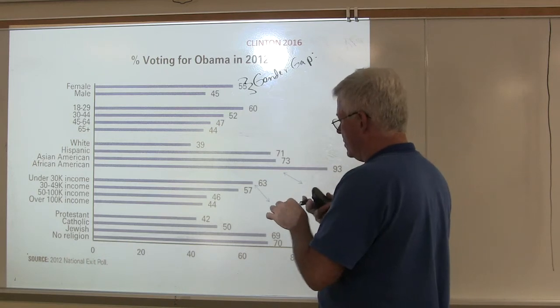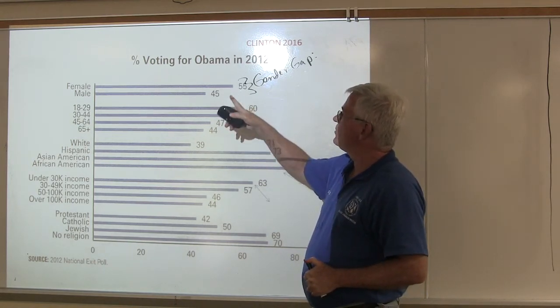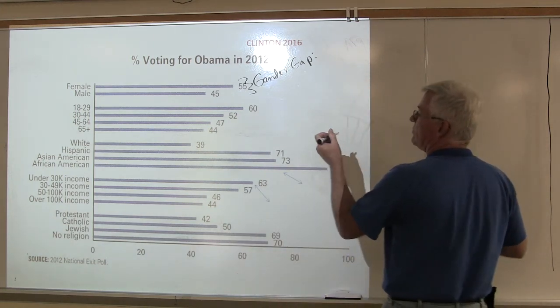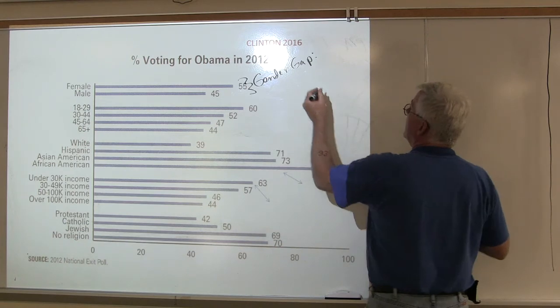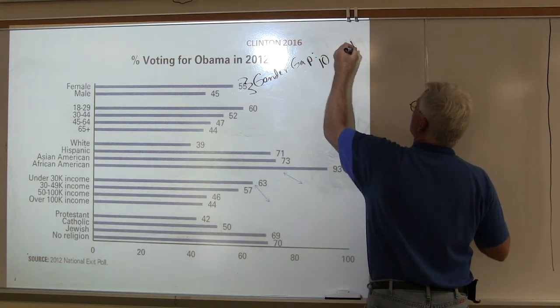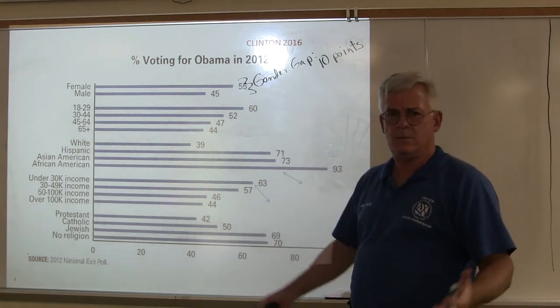Well, by how much? What was the gender gap in 2012? And what you need to learn how to say, especially UAP people, is the gender gap was 10 points. What do I mean 10 points?